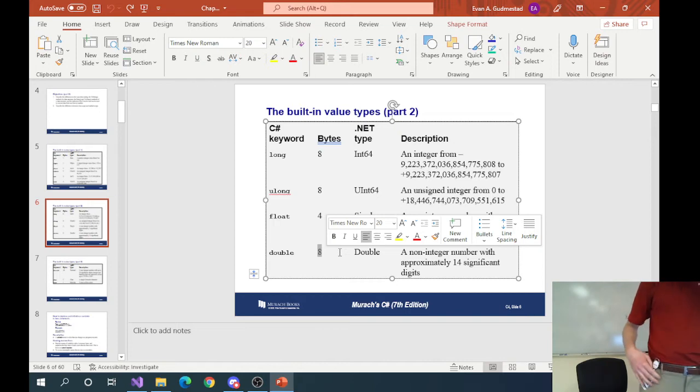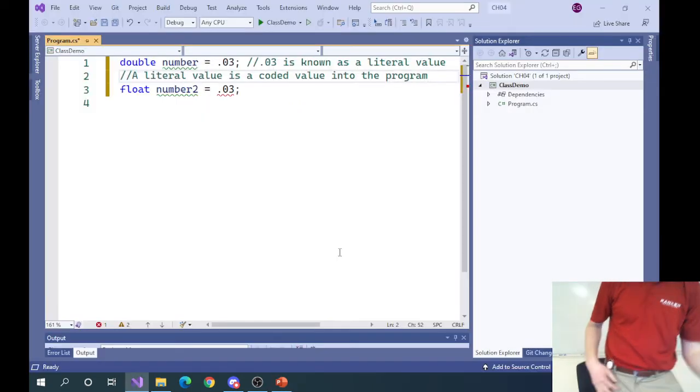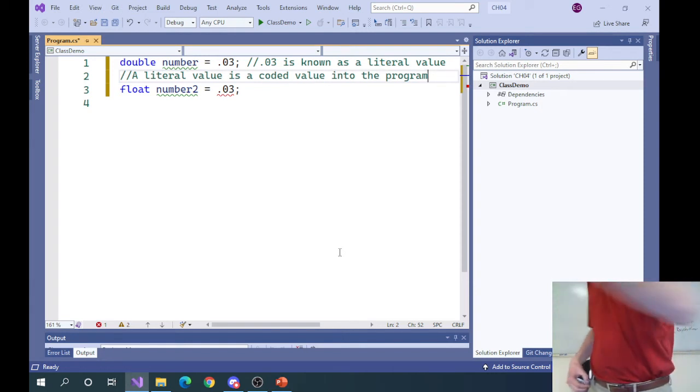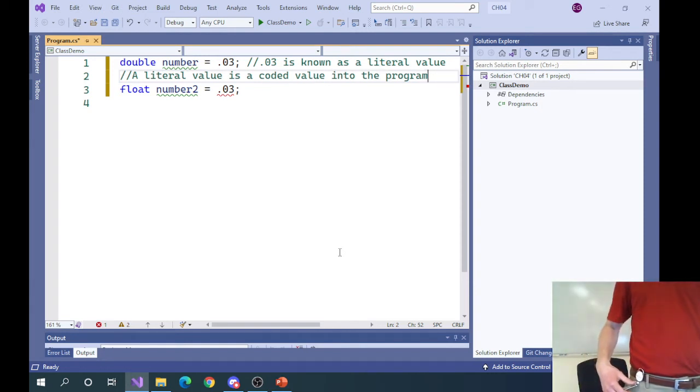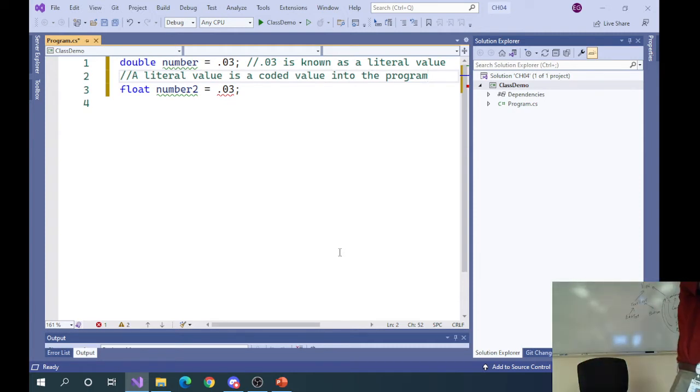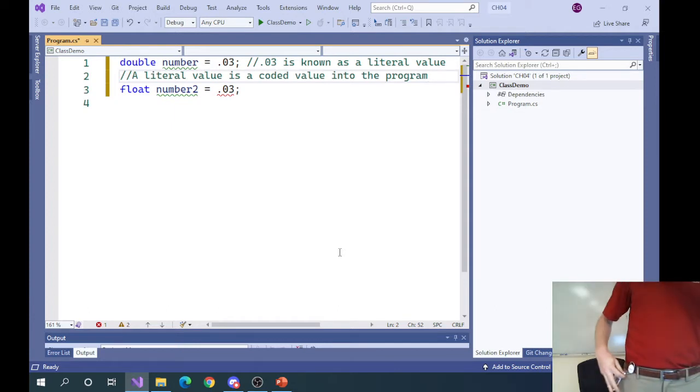Okay? So the reason this is a problem is this is called a narrowing conversion. Everyone, write that down. Take a note. Narrowing conversion. When you're trying to take a wider storage unit and convert it down into a more narrow storage unit. So here's the rule of thumb.